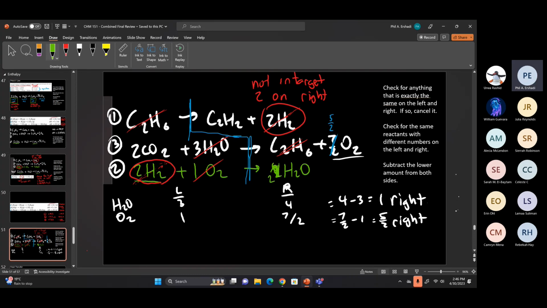So I'm going to say we have 2 water. Let's modify. So this was my mistake because I didn't write it down correctly. All right, so what we actually had here was 2 water on the right, 3 water on the left.